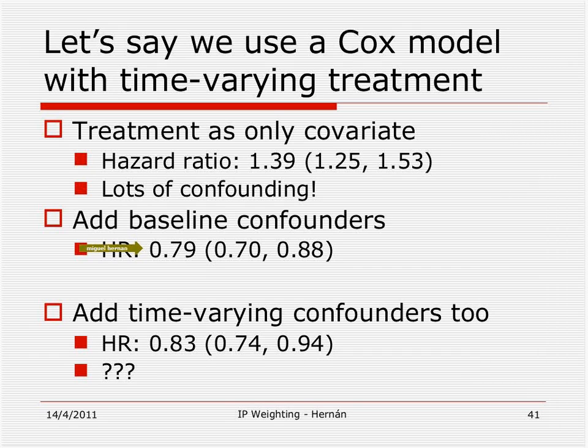Now, we still have a lot of confounding that we are not adjusting for, because there is time-varying confounding that happens after baseline. That is not included in the model yet. So we add that to the model, and what happens? The ratio is 0.8. Even though it is well known that there is a lot of time-varying confounding by indication, we don't get any benefit by adding all this to the model. What is going on?